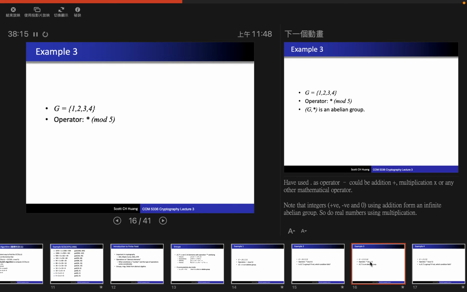Like 3 times 3, 3乘3得9, 9 mod 5 becomes 4. 3乘4 12 mod 5变成2。4乘4 16 mod 5 是1，就变这样子。So you have an upper triangle, and then you can fill out the rest of them by using symmetry.